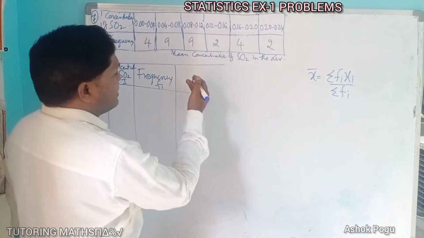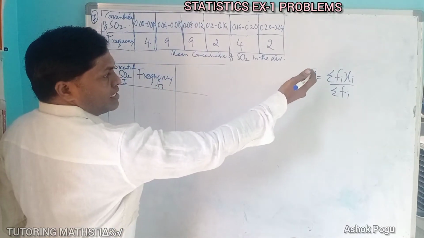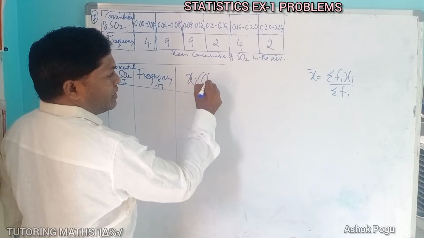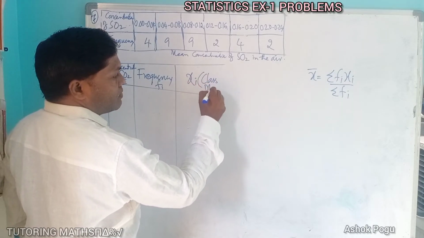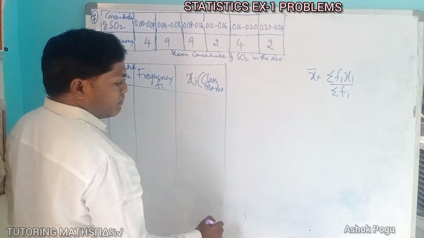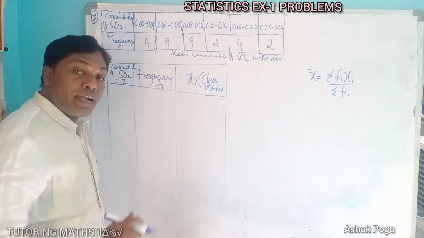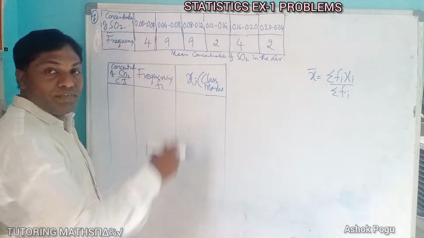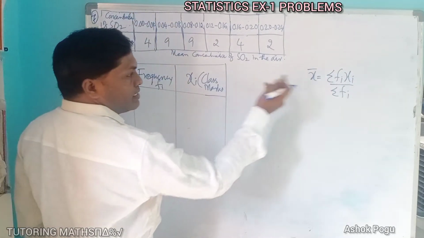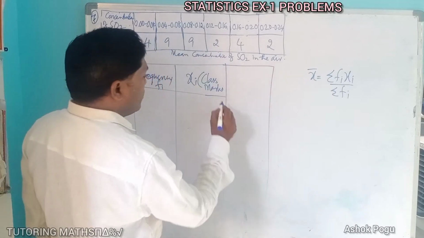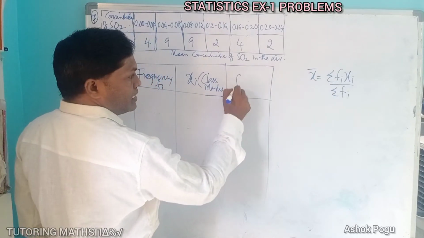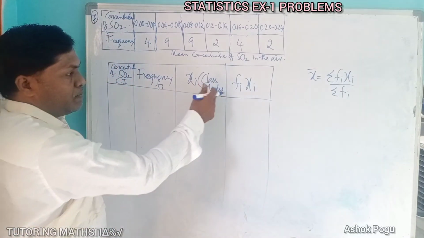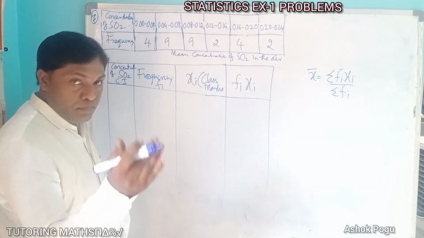Next, as the formula is sigma fi xi, we require xi, which is nothing but the class marks, also called the mid value of the given class. The last column is the product of frequency and class marks.